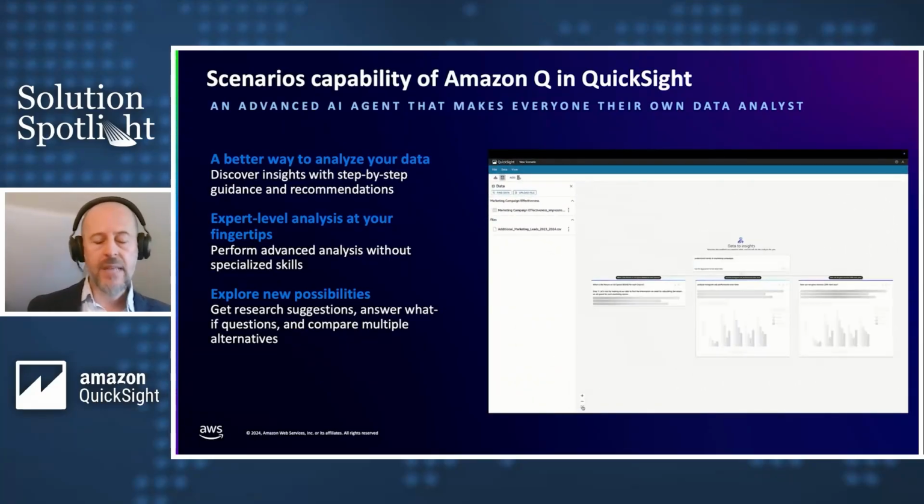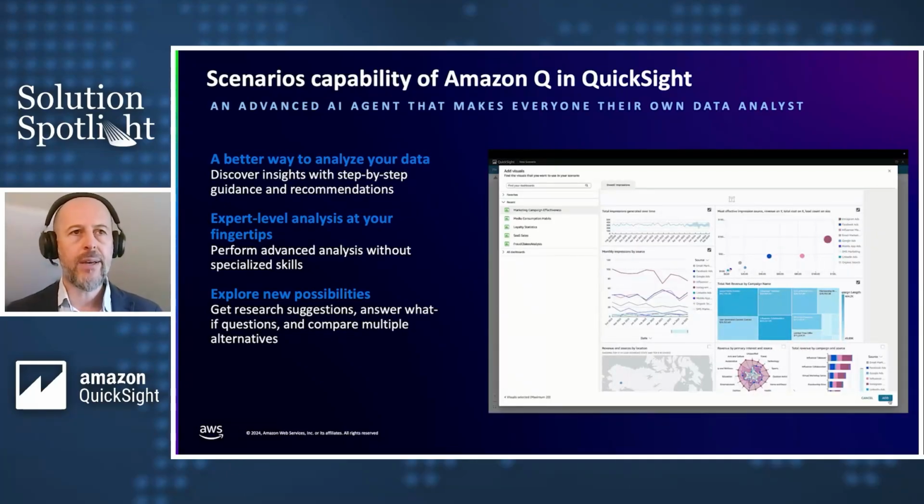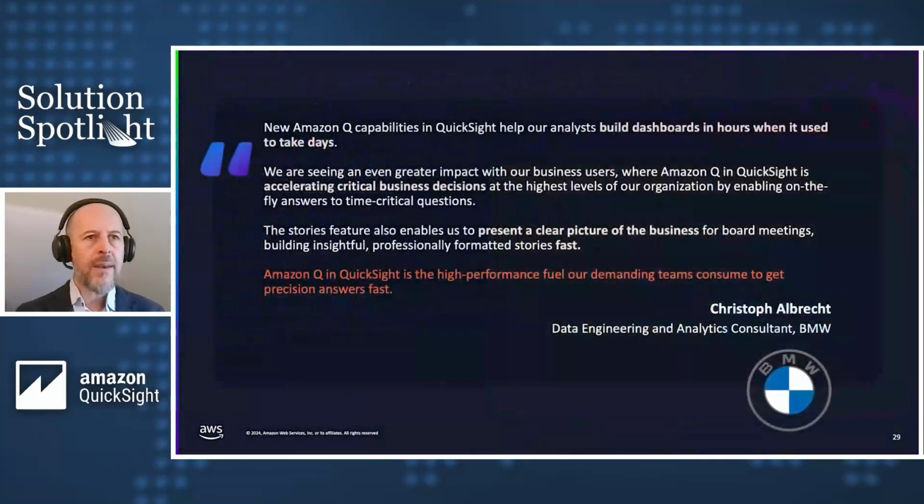And as an example of a customer using Q in QuickSight, we have BMW, as we can see in the next slide, and they highlighted the increase in productivity, for example, because they moved from building dashboards in days to hours. And they were already experts building dashboards.